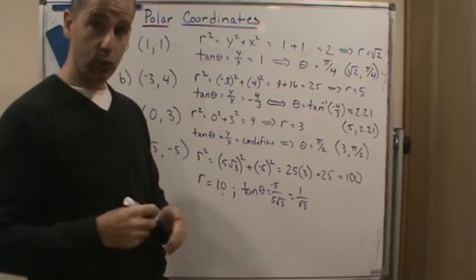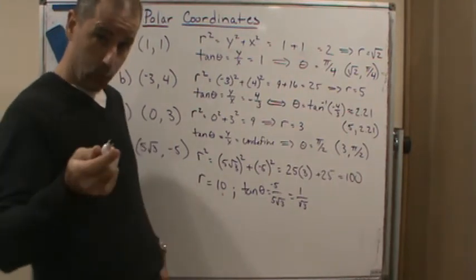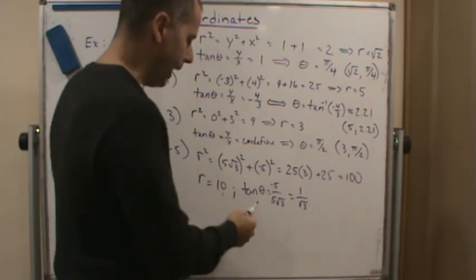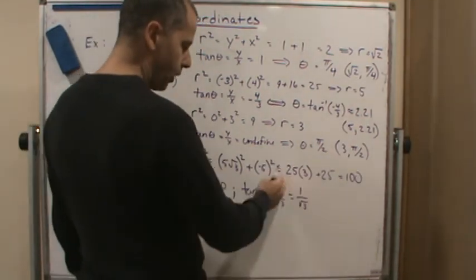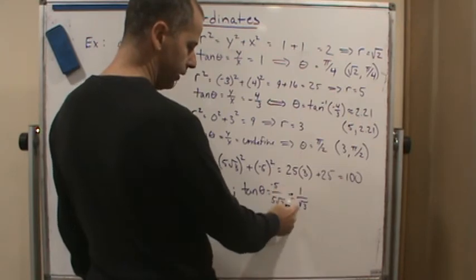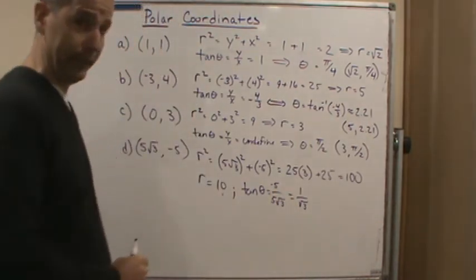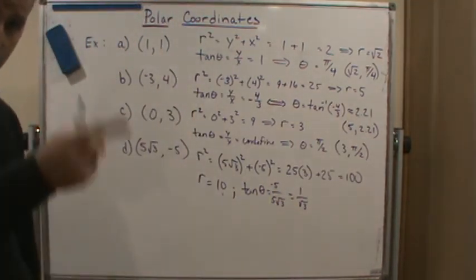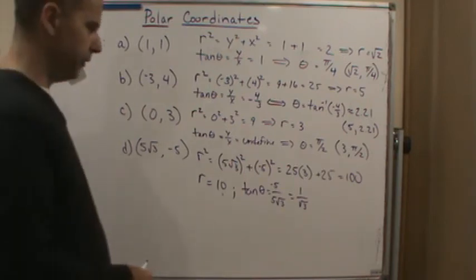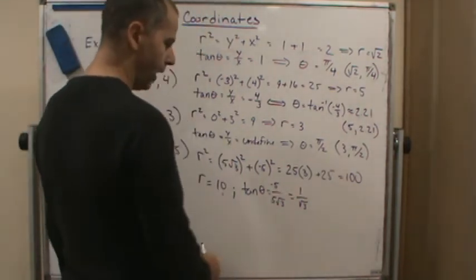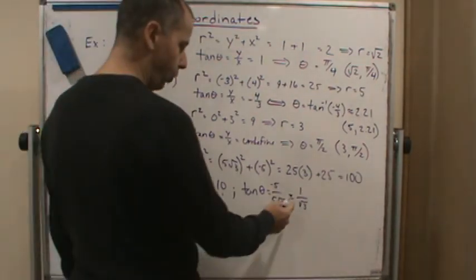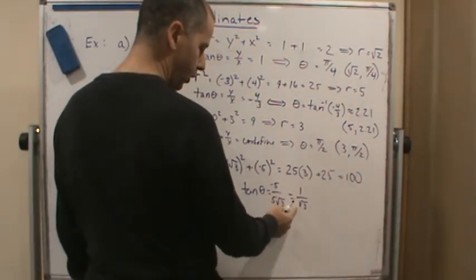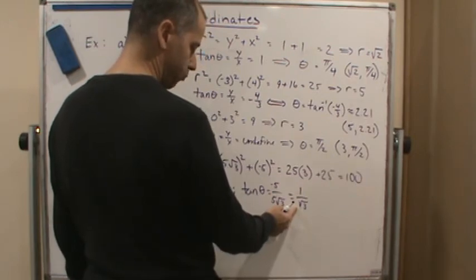Well, again, all you have to do is remember your right triangles, right? So opposite over adjacent. So what kind of triangle has 1 and square root of 3 in it? If you think about the unit circle, this is going to correspond to a 30, 60, 90 triangle. So opposite leg over adjacent leg.